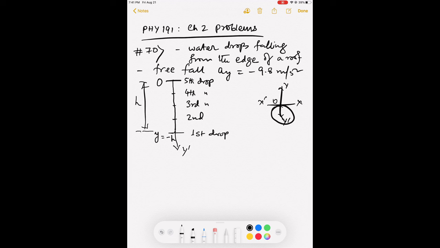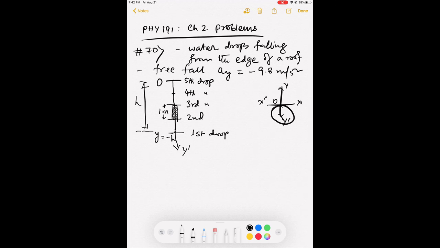Great. Now, there is another thing in this problem: there is a window here. At the bottom of the window you have the second drop, at the top of the window you have the first drop, and the distance between these two drops is 1 meter because that's the length of the window.